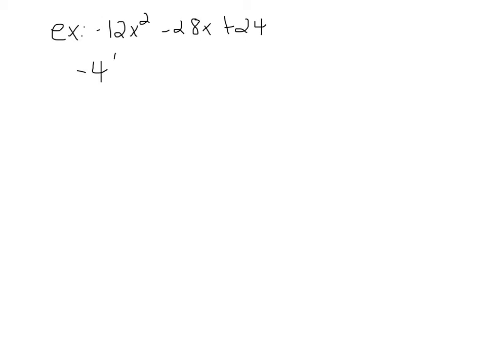So we'll factor out a -4, and we always have to be careful when our GCF is negative. We're left with 3x squared plus 7x minus 6.